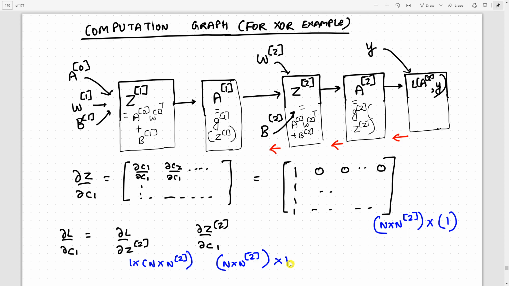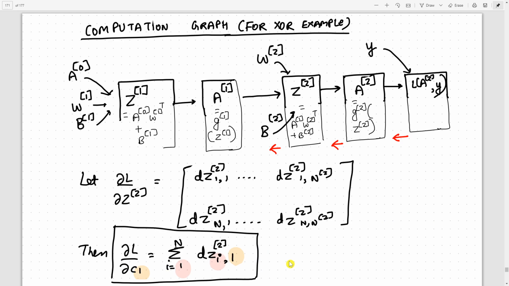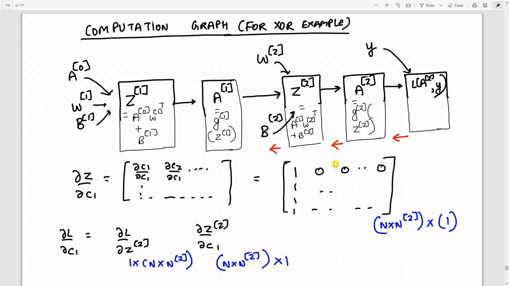So even before that, let's write del L by del Z2, assuming we already have it calculated, as del Z11 till del Z1n2 and del Zn1 till del Znn2. So again, n rows, n2 columns: n examples, n2 features or n2 nodes in layer number 2, and you're computing the product of this matrix with a matrix where only the first row is ones, right?